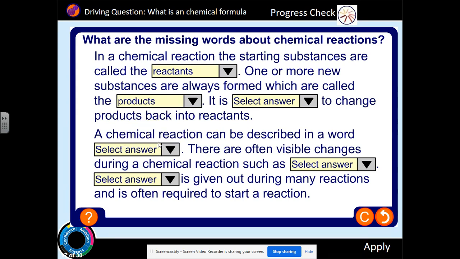Awesome. Next sentence. It is blank to change products back into reactants. Remember what I said about the arrows. Is it very easy to convert our products back into reactants?